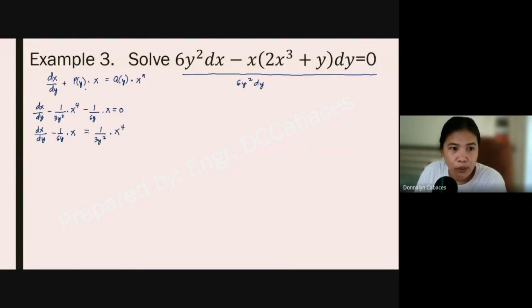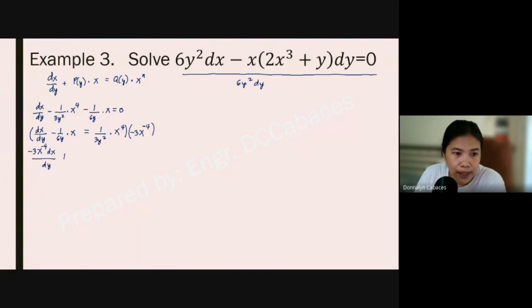So here our p of y is negative 1 over 6y. And then you have your q of y, which is 1 over 3y squared. Our n is equal to 4. Therefore, what are to be multiplied to this? Negative 4 plus 1 is negative 3 times x to the negative 4. So multiplying, you now have negative 3 x to the negative 4 dx.